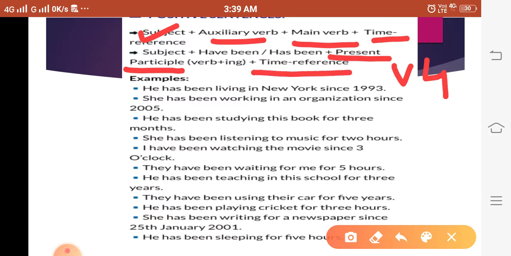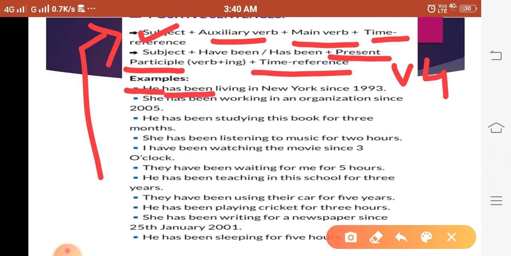Then time reference: if a particular time is given, we will use since. If a time period is given, we will use for. So let's see examples based on this sentence structure. He has been living in New York since 1993. Our subject he is singular, that is why has been is used here.